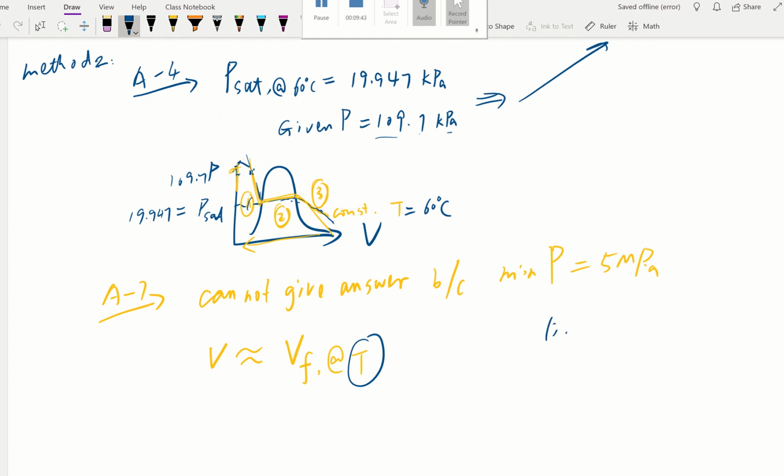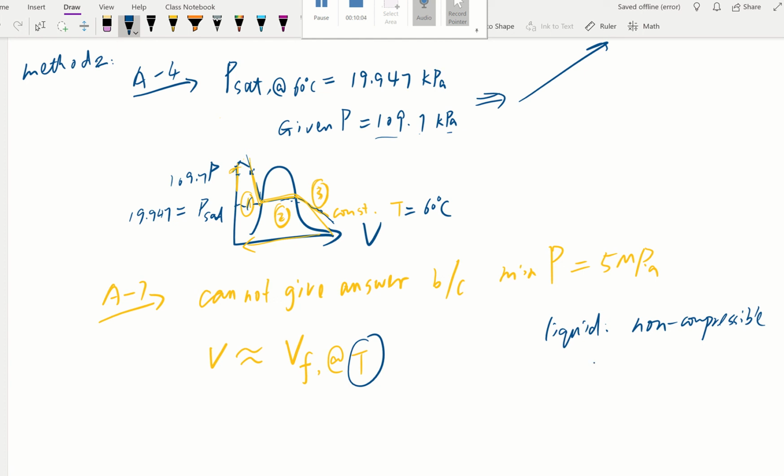If it's liquid, liquid is what? Non-compressible. In other words, if you put pressure on there, the volume of the liquid doesn't really change. However, air is compressible. You put pressure on there, it's going to be compressed. Liquid is considered non-compressible.